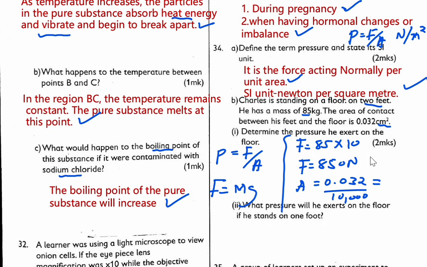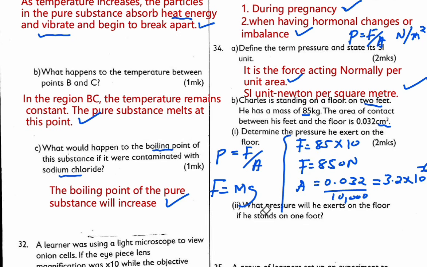According to my calculator, I'm going to write in standard form because now I know you are big students. So this is 3.2 times 10 raised to negative 6 meter square.